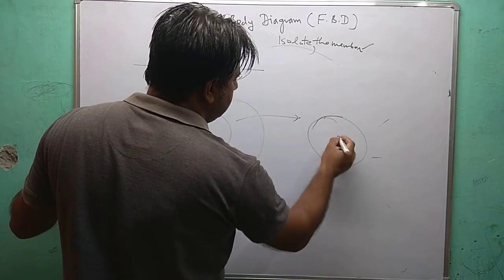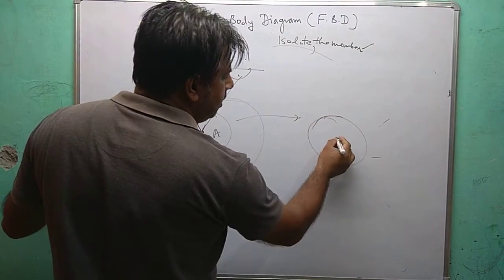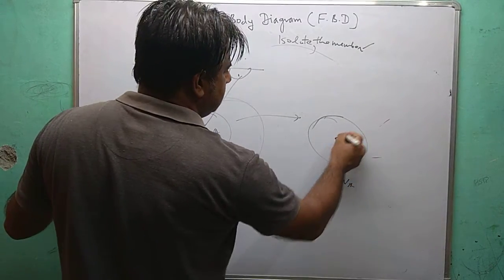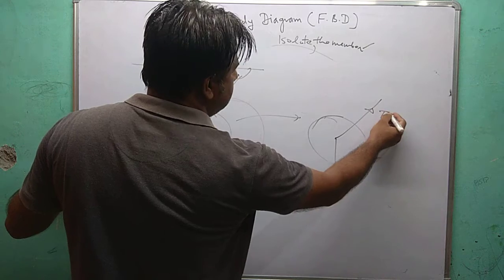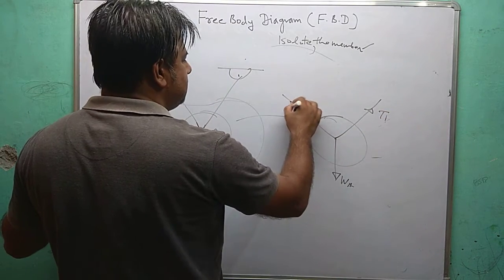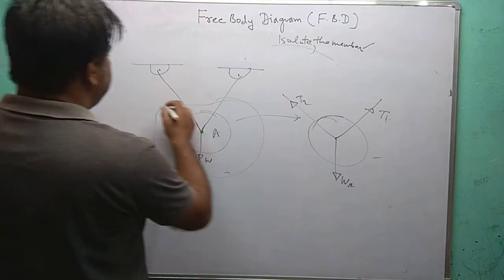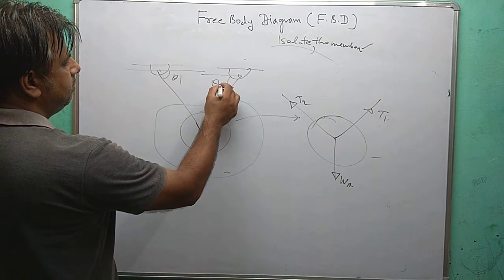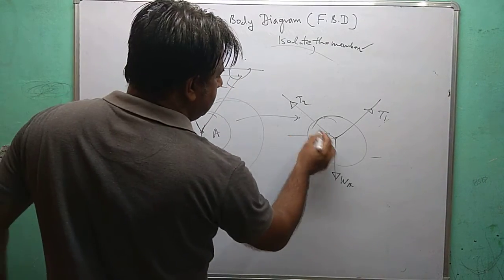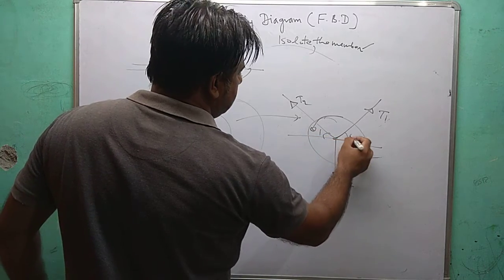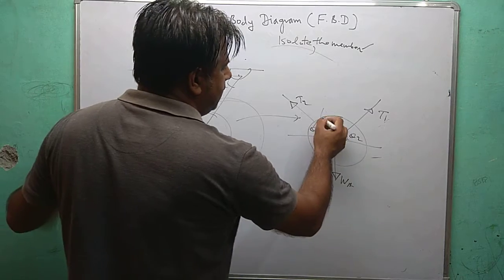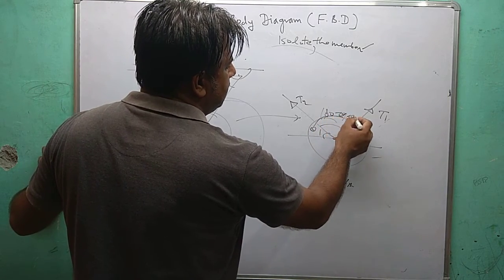This is the isolated body, body A. Here the self weight is WA, and the generated tension reactive forces, tension T1, and this is my tension T2. The angle between the forces you may represent with respect to, suppose this is my theta 1 and theta 2. So here this is theta 1 and this will be theta 2. Okay, and this is my 180 minus theta 1 minus theta 2.